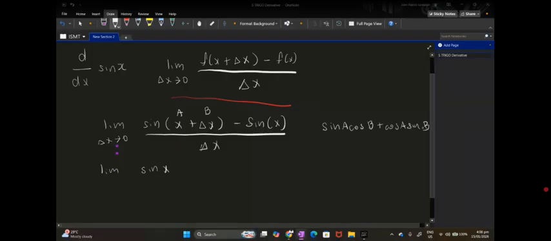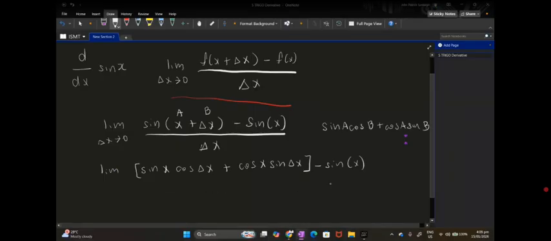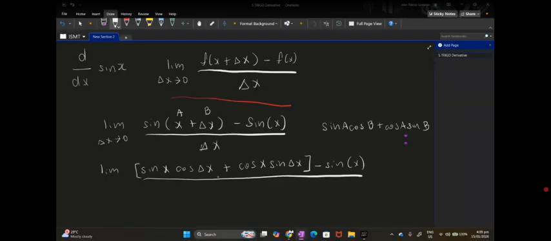So, pwede po natin siya gawing ganyan, itong part na to. So, it's sine x cosine delta x plus cosine of x sine of delta x minus sine of x all over delta x.